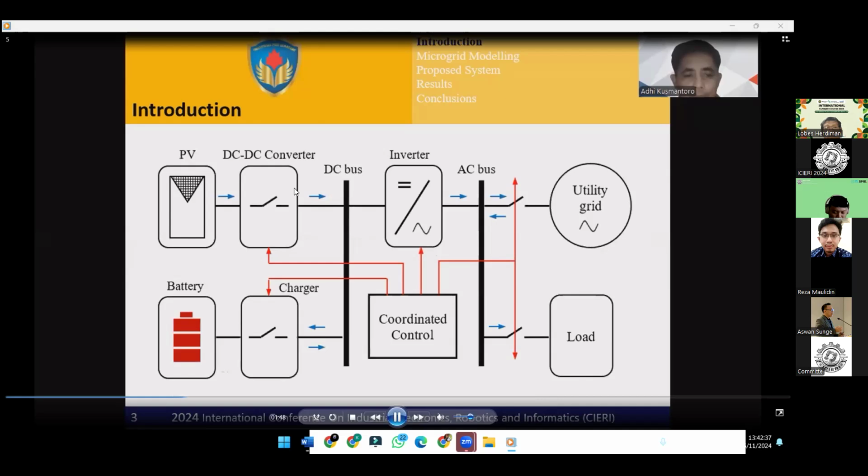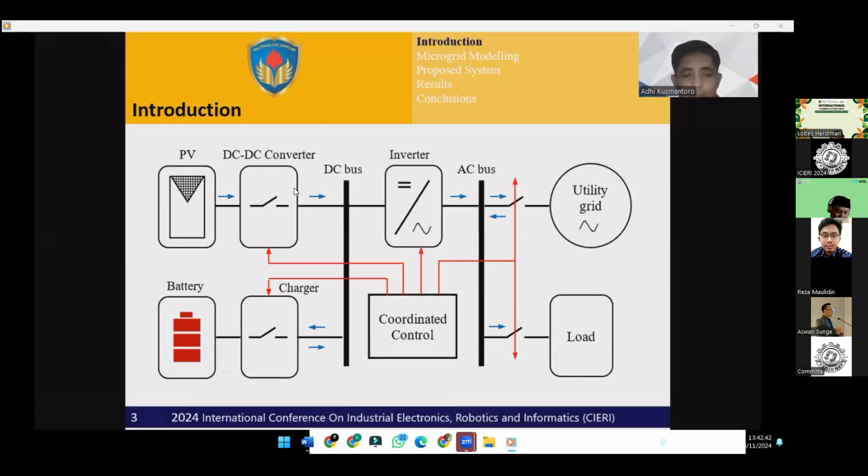This figure shows one of the microgrid configurations. The microgrid consists of PV, utility grid, and battery storage. The sources in the microgrid are used to set the load rate. Coordinated control in the microgrid is used to regulate the flow of energy from the sources and the load.